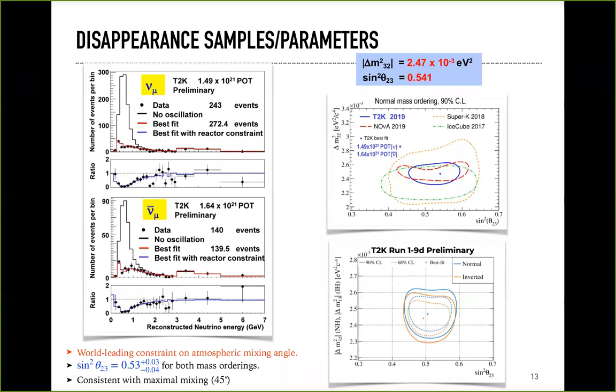So if you do a fit, you are able to find contour levels in the plane delta m squared 32 versus sin squared theta 23, and you can see these results, especially in the top plot, where there are also other experiments, other results, and the blue is T2K, where the corresponding value of sin squared theta 23 is still at the edge really of the octant, so we are not able to distinguish between the two octants yet.